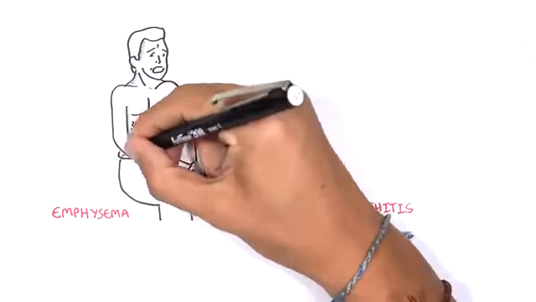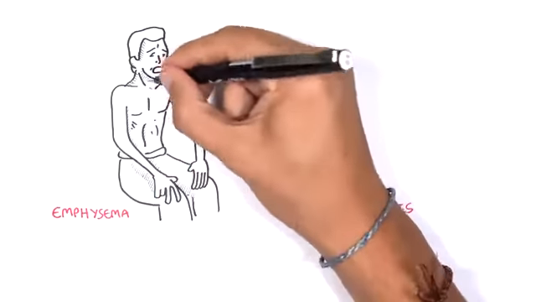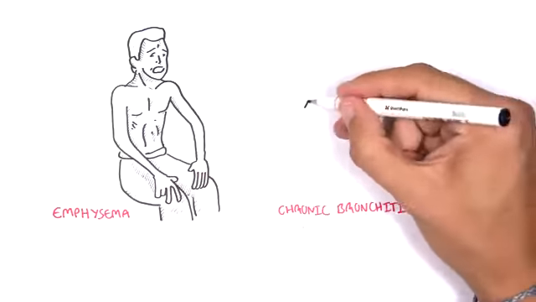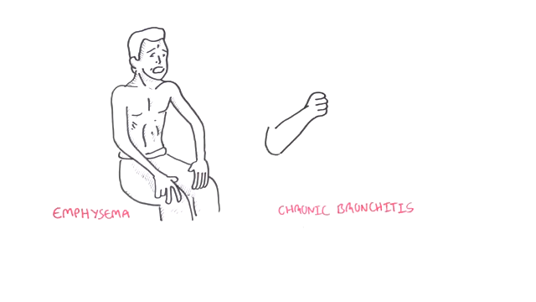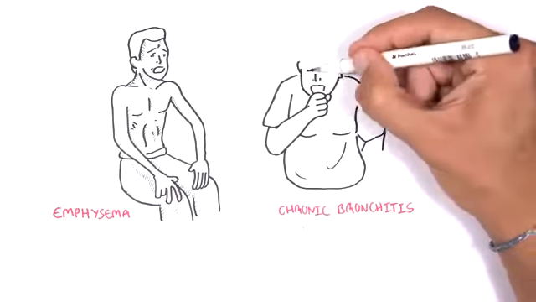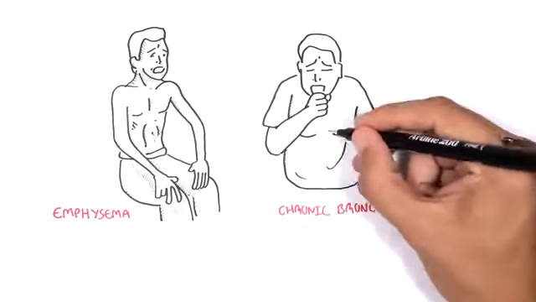Let us first begin by looking at the signs and symptoms of both of these. Patients with emphysema are also known as the pink puffers because they have difficulty breathing but are well perfused. Patients with chronic bronchitis are also known as the blue bloaters because they are usually cyanosed.